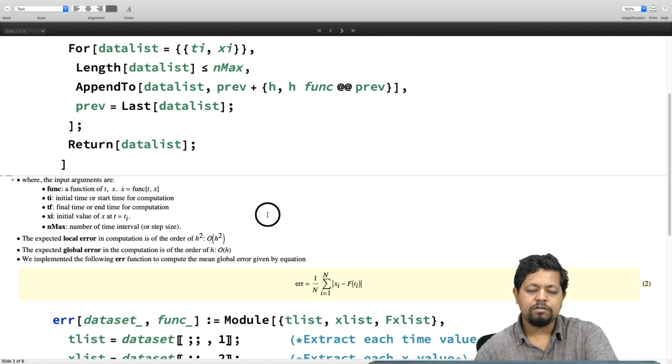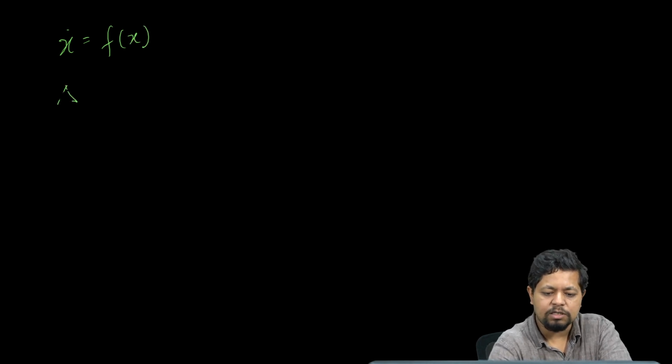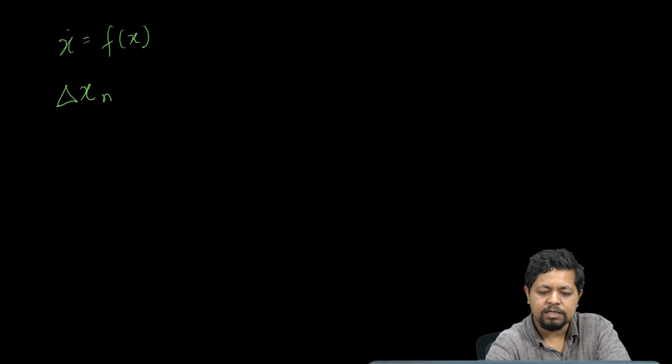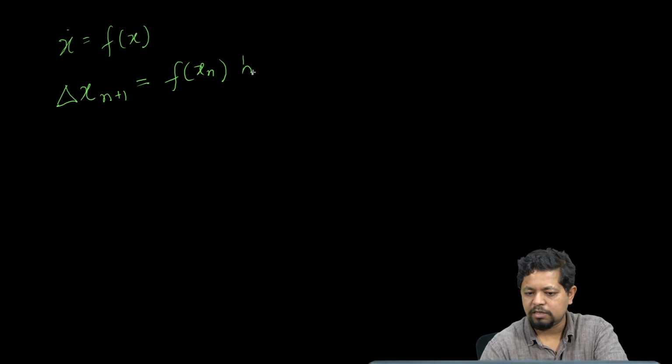Since we are evaluating the Euler function with step size h, we are solving a differential equation x dot equal to f of x, and in the Euler's method we are calculating delta x n plus 1 as f evaluated at x n times h, or delta t.